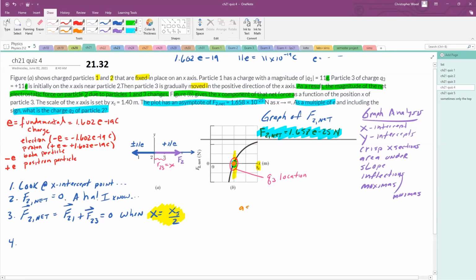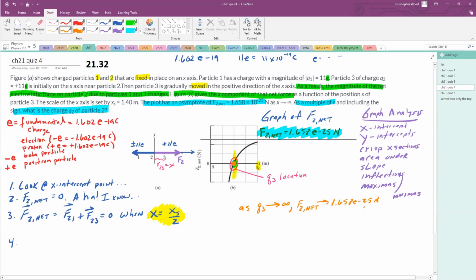As Q3 goes off to infinity, the net force on particle 2 settles down to 1.658 E minus 25 newtons.